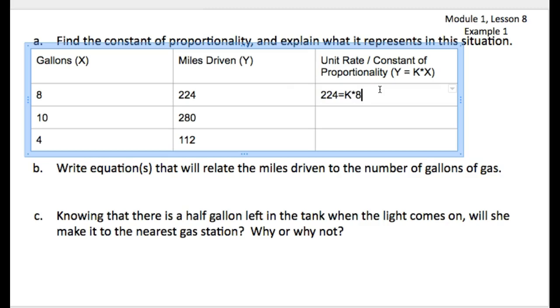And in order to solve for k, we divide both sides by 8. 224 divided by 8 gives us 28. Let's see if the same holds true for our next example. 280 divided by 10 equals k, which equals 28. And 112 divided by 4 equals k, which also equals 28. So we have a proportional relationship.